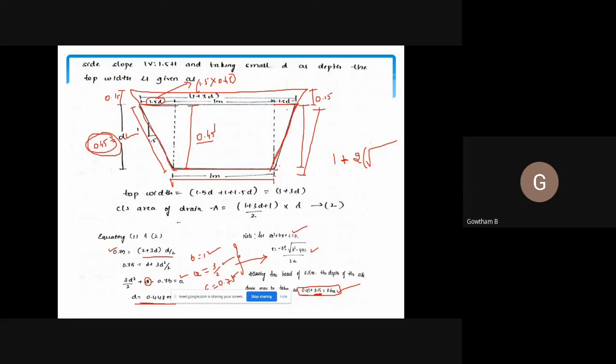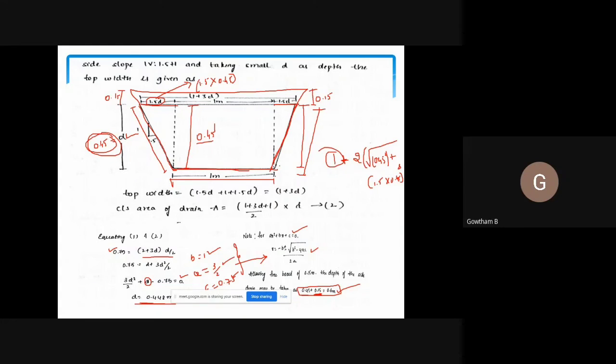Square root of the sum of the opposite side squares. One side I have is 0.45 square. Another side will be 1.5 into 0.45 square. If you do that, you are going to get the total wetted perimeter. This bottom we know directly is 1.